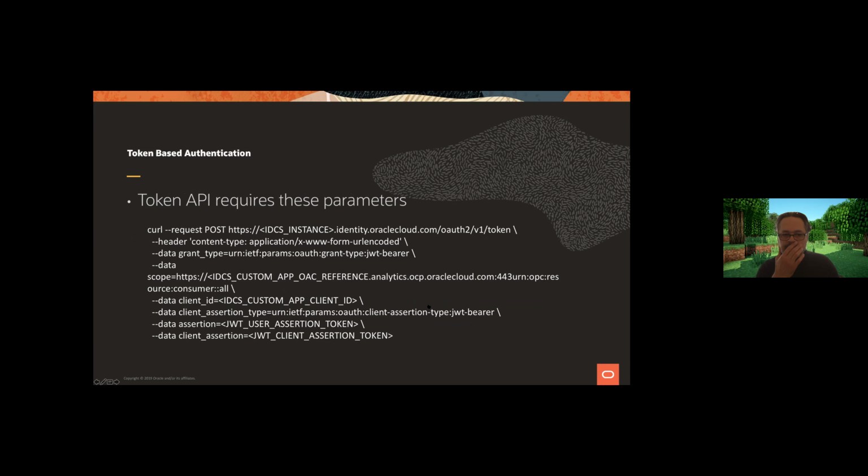All right, so this is an example of a curl command, which is showing the parameters that are needed to generate these bearer tokens. This is the API endpoint, and the type of information that you need to pass to it is URL encoded.